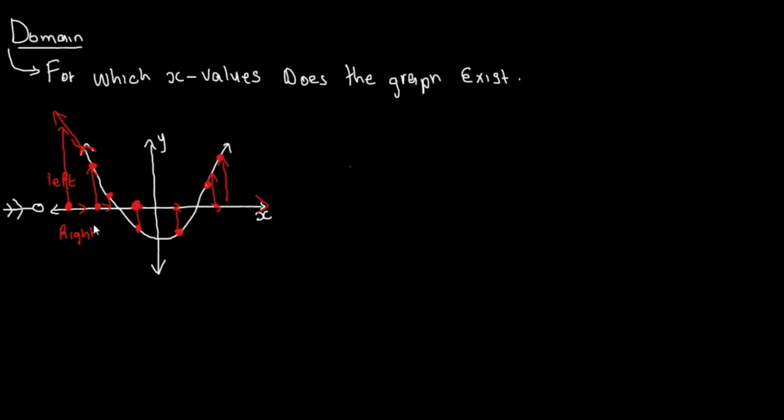This tells you that the graph exists for all the x values. So the domain of this parabola is x must be an element of real numbers. I hope you understand that.